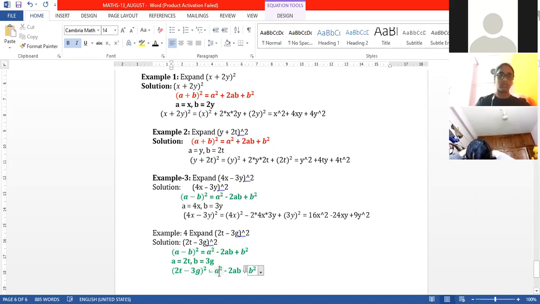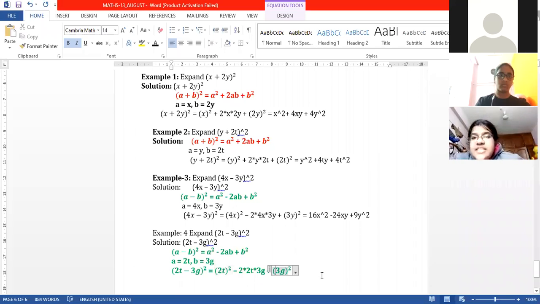Now a square. What is the value of a? 2t. I will write in the bracket, (2t) whole square, minus 2ab. Minus 2 into the value of a, which is 2t, the value of b is 3g, plus b square. The value of b is 3g, whole square.